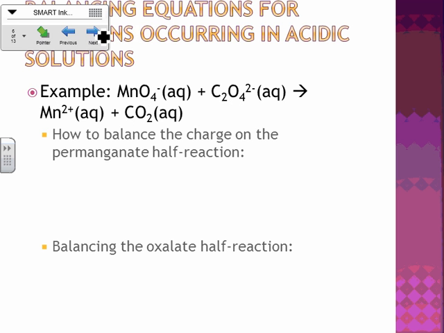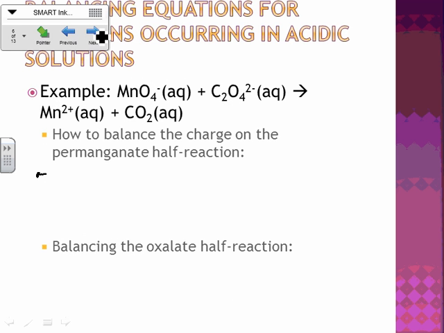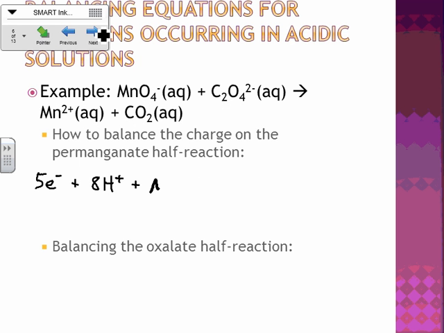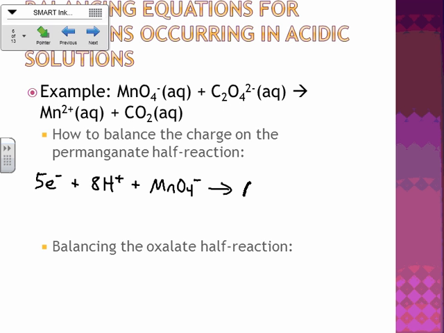Now, oh, whoops, that's where that was supposed to be, sorry. Where it says how to balance the charge on the permanganate half reaction, I guess just for the sake of doing this correctly, because we're going to need it on the next screen anyway. So 5 electrons, 8 H pluses, MnO4 minus, Mn2 plus, 4 H2O.